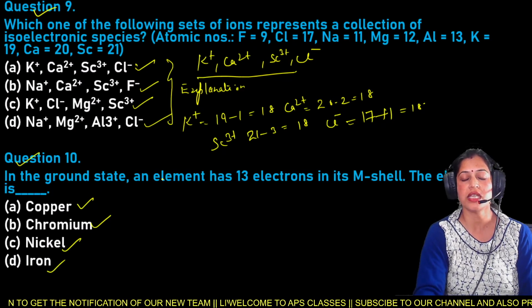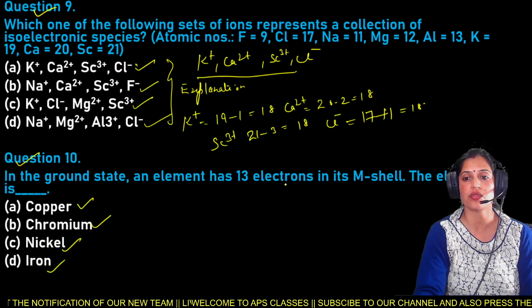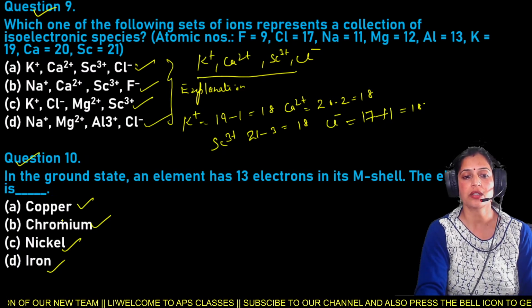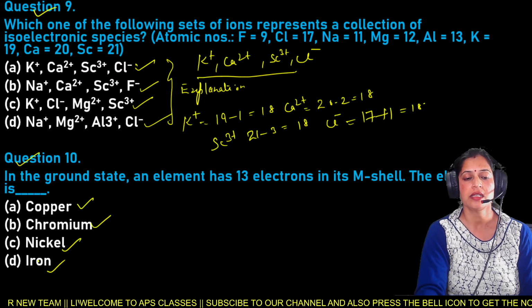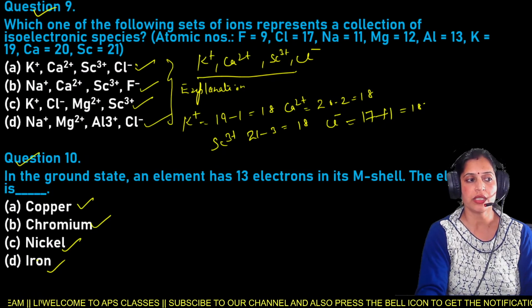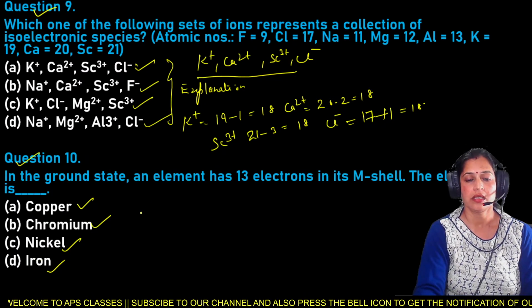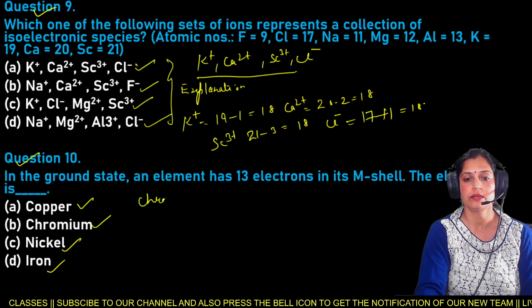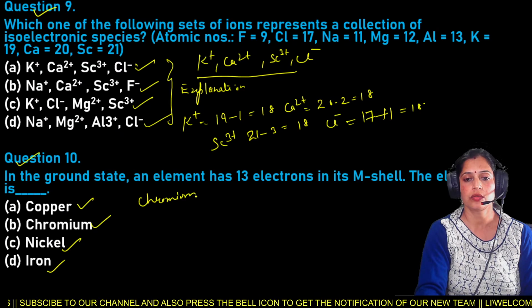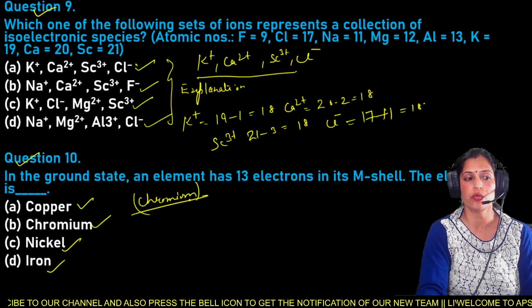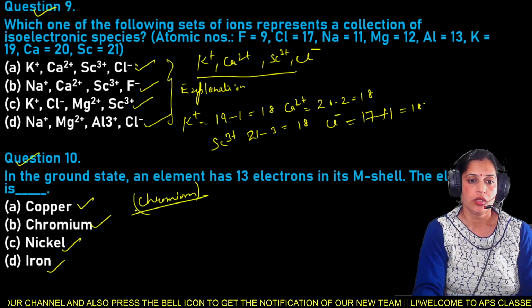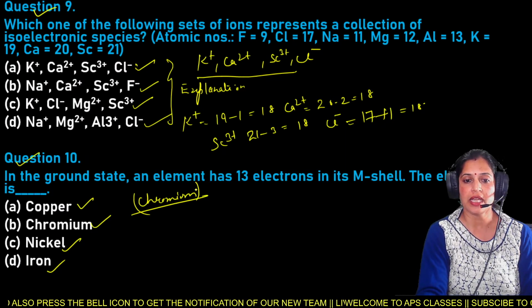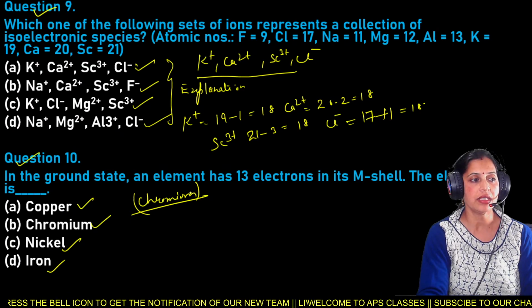The element is known as chromium. So in the ground state, an element has 13 electrons in its M shell, and the element is chromium.